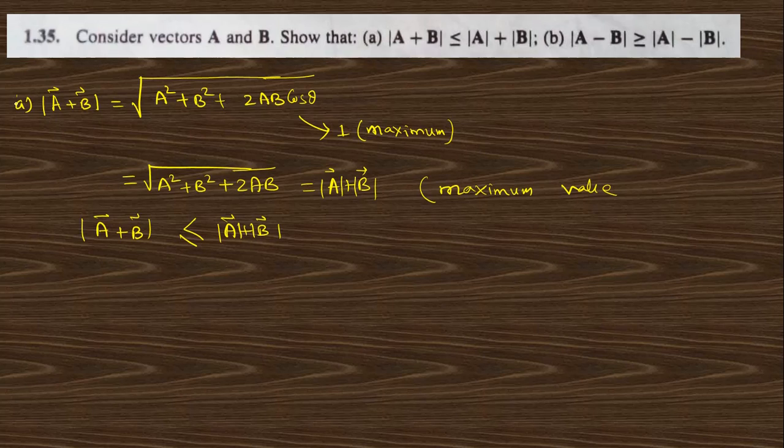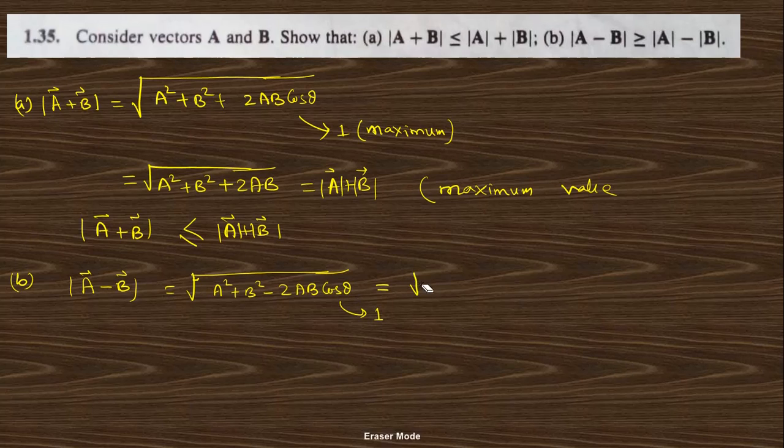This is for question number A. For question number B, the difference of the vectors is nothing but A square plus B square minus 2AB cos theta. Your maximum value of cos theta is 1, and if this is a maximum, this will be the minimum value.